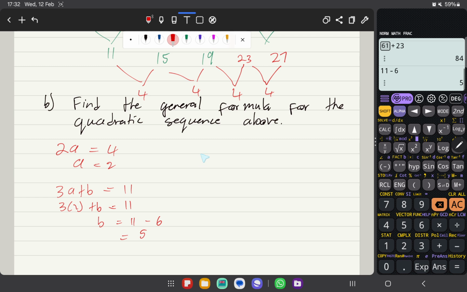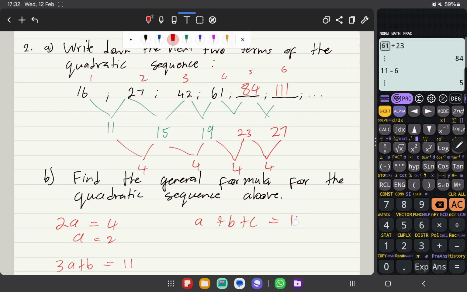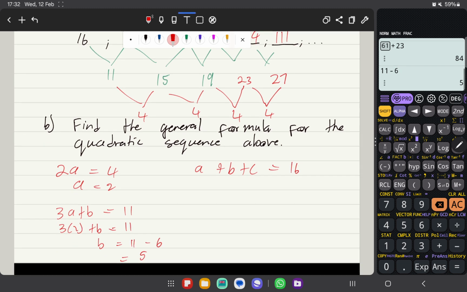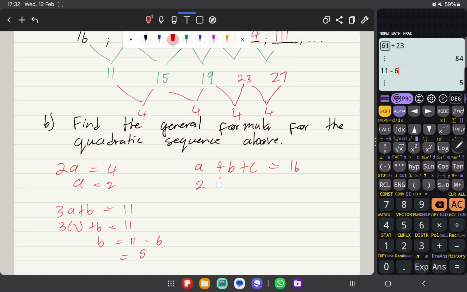So now the last one, I have a plus b plus c equals term number 1, which is 16. Then I substitute: 2 plus 5 plus c, which I do not know. And then I have 7 plus c. c is 16 minus 7. That means c is 9.